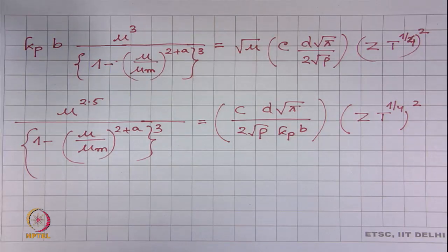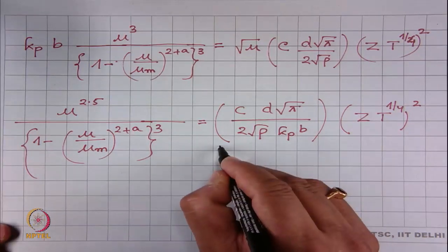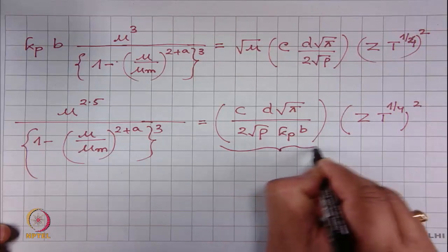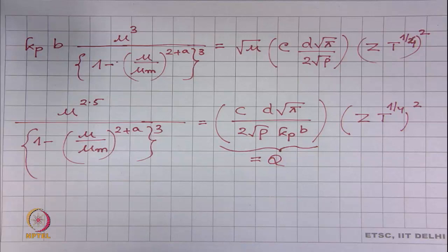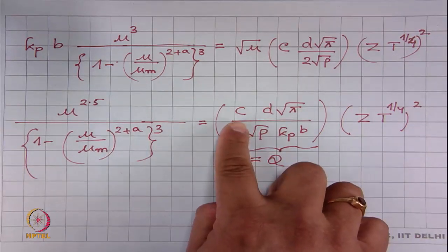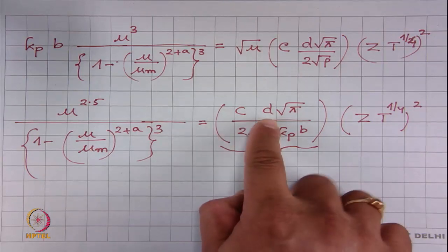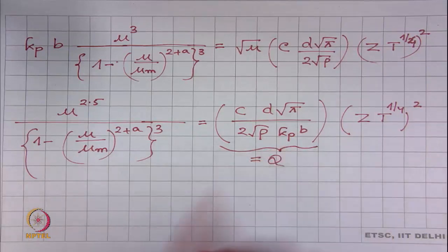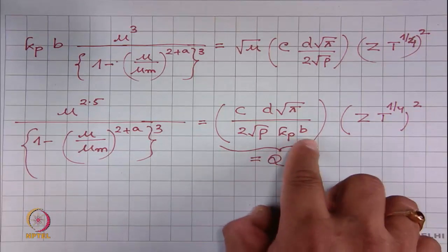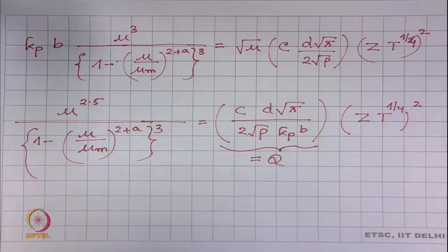Now, let us consider this is equal to q. Now, what is q? Q is a parameter. Parameter depends on C, D fiber diameter, rho fiber density, Kp coefficient of compression, and B another coefficient.